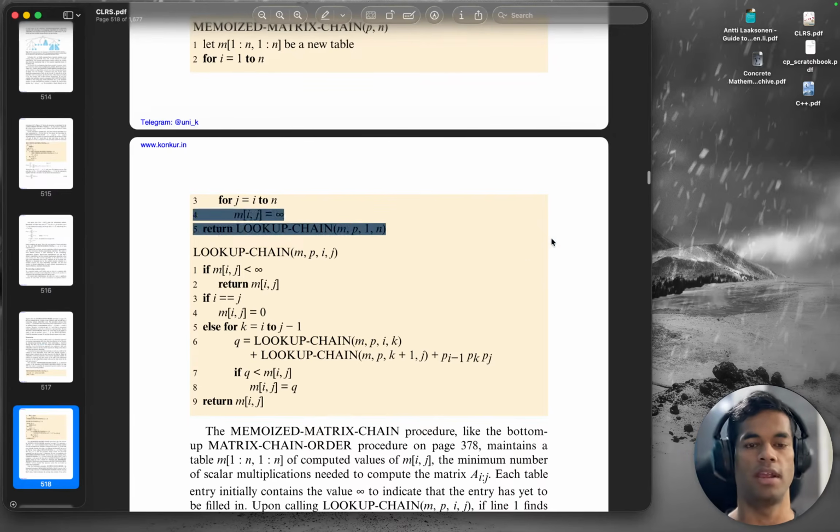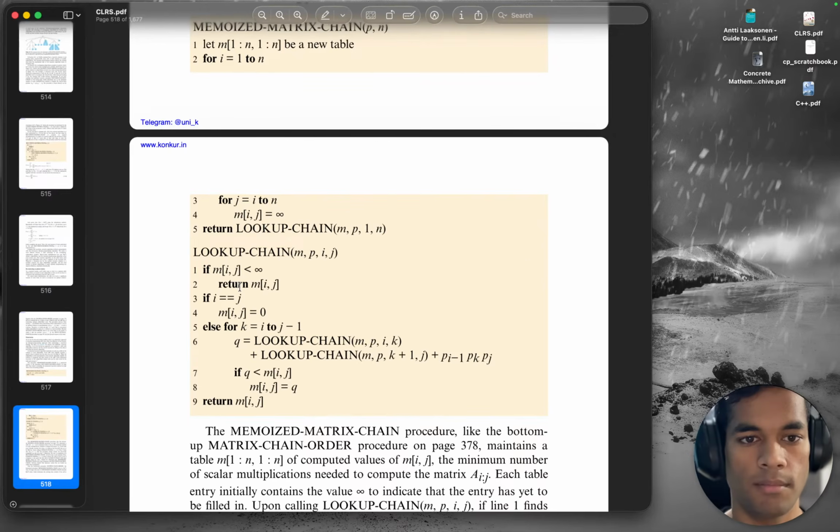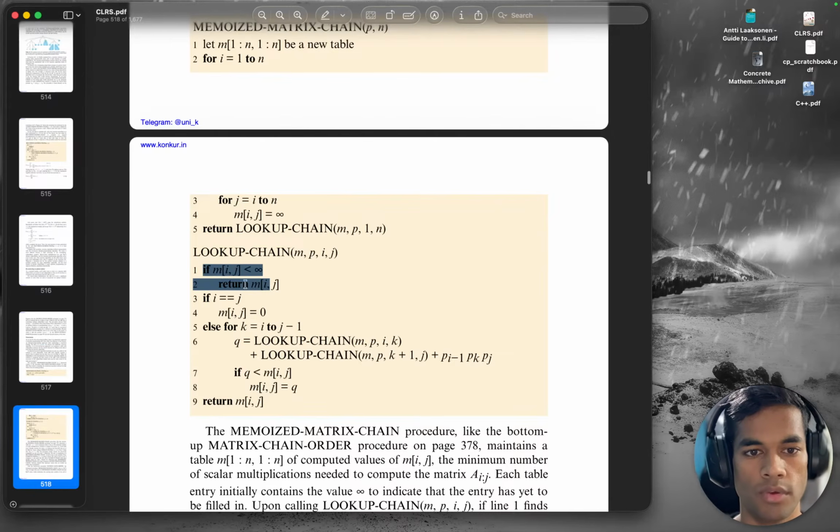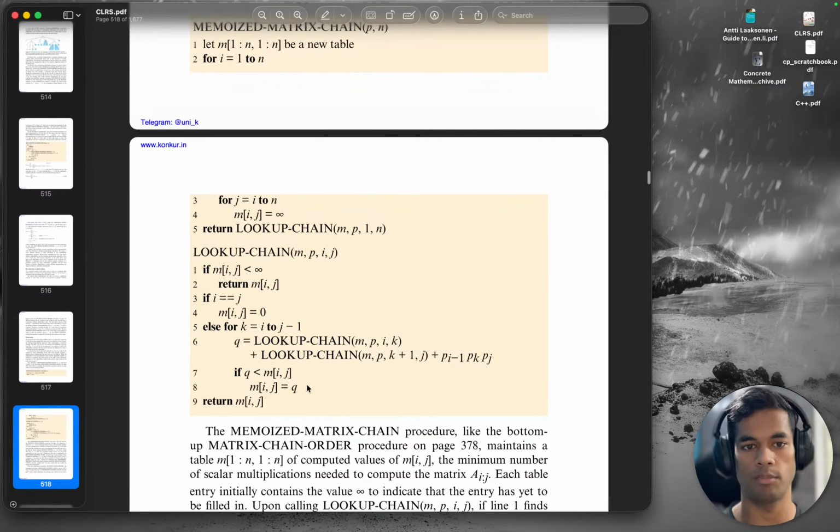Then we go through all the subproblems and fill it up whenever we have solved a subproblem.